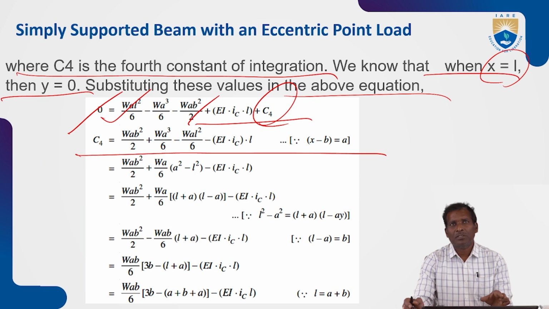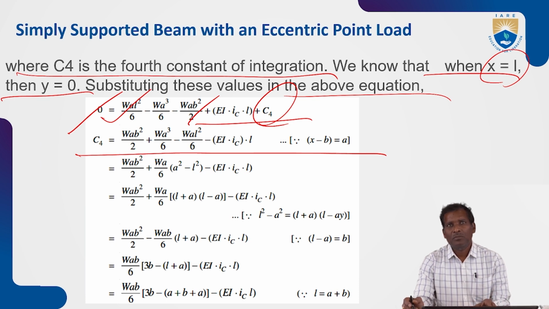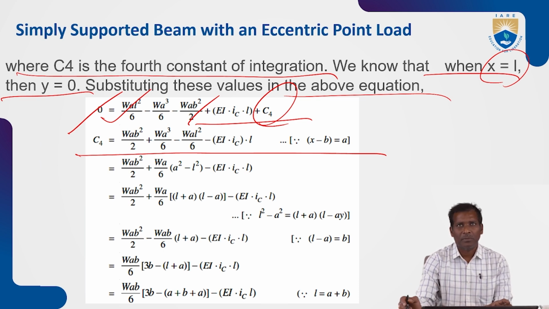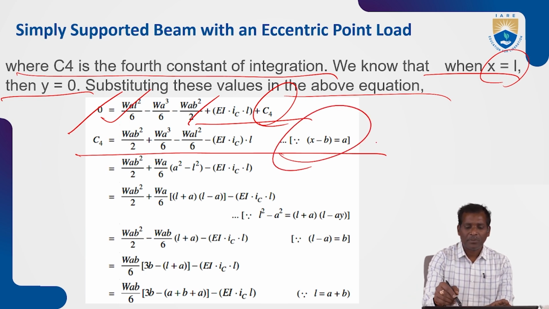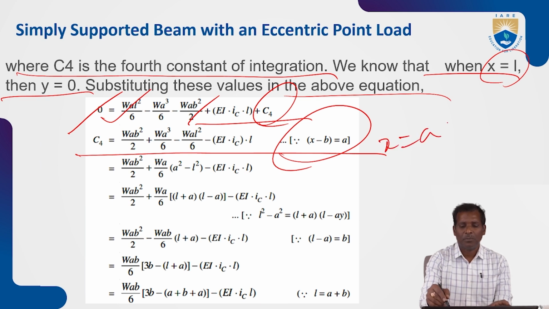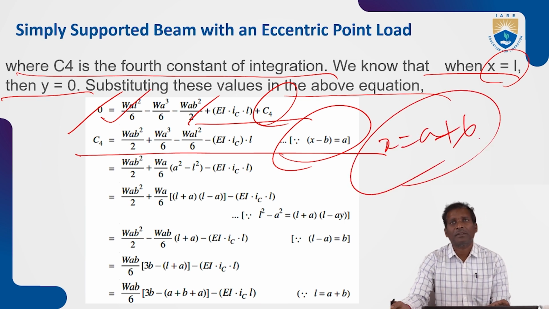So C4 is equal to WaB square by 2 plus Wa cube by 6 minus WaL square by 6 minus EI into theta C into L. Why? Because here X minus B is equal to a, or X is equal to a plus B, as shown in the figure.